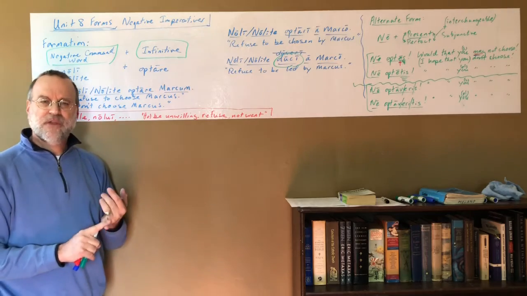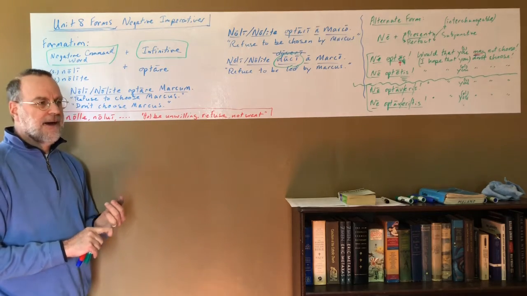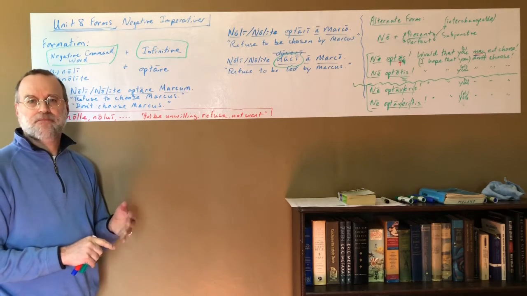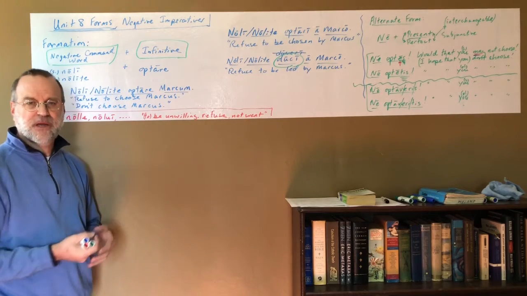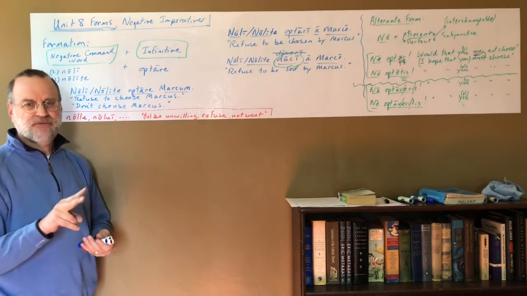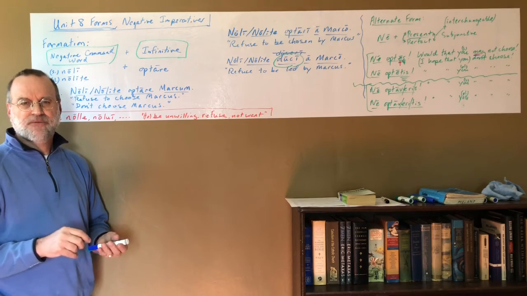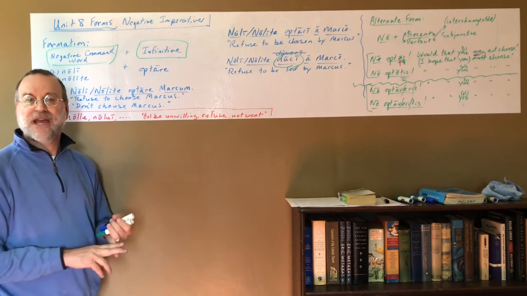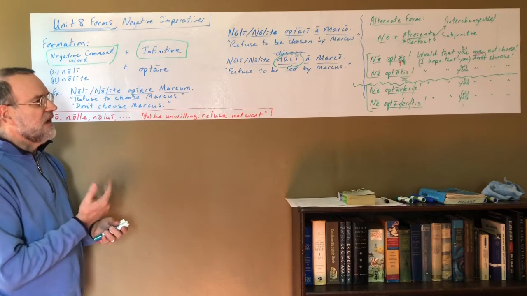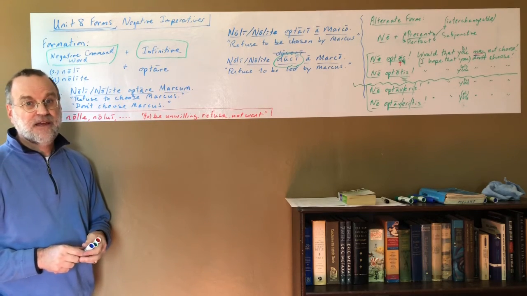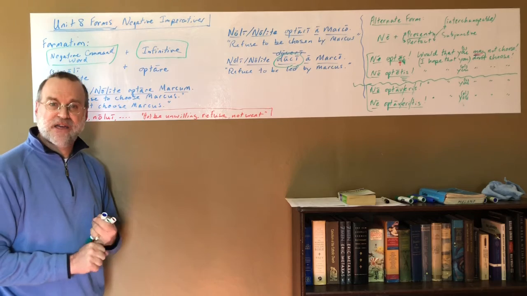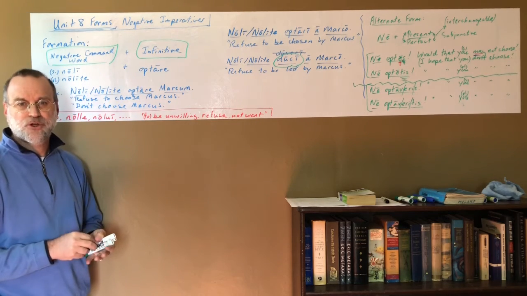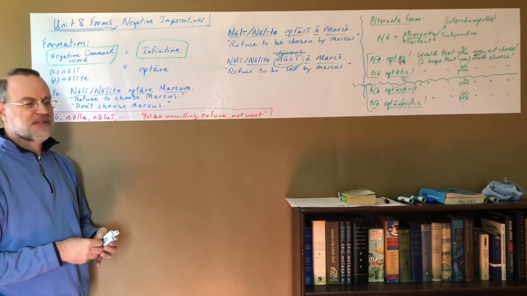A video on the irregular verb eo, a video on the present imperatives, the positive imperatives, two short videos I borrowed from YouTube from another teacher on the ablative of respect and the double dative, and this video. Oh, and there was a video on the vocative as well, a short video from YouTube that covers the basics for that.